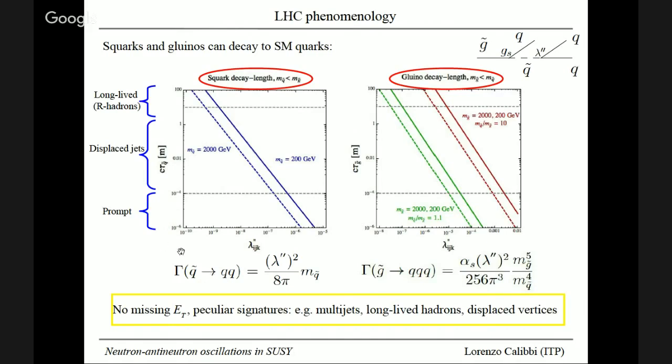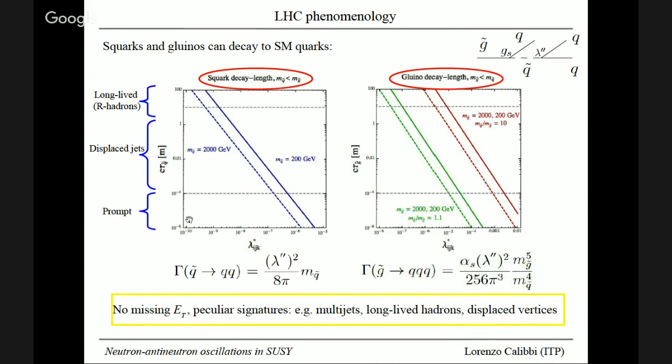And in this figure, I'm showing the squark lifetime, so the squark decay length, rather, as a function of this baryon number violating coupling. So here we have 10 to the minus 5, and I'm taking lower and lower values down to 10 to the minus 10.